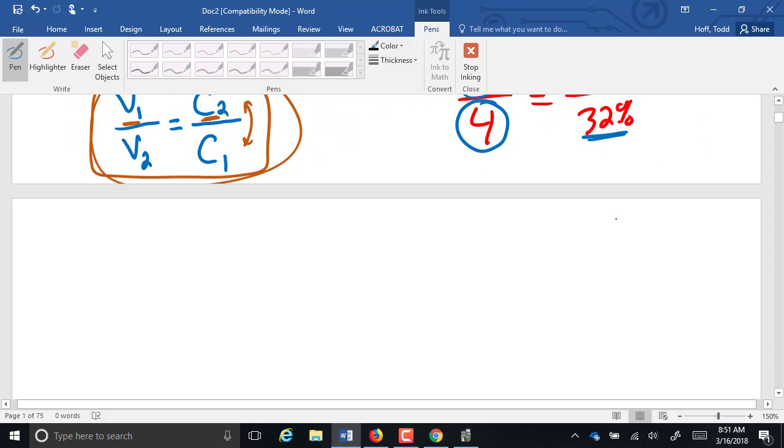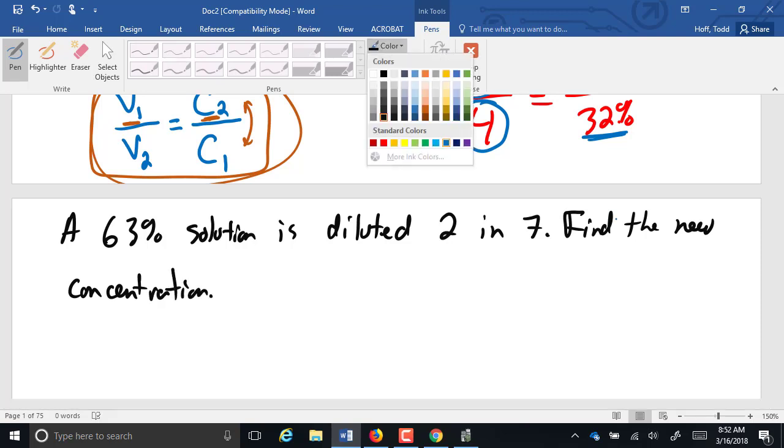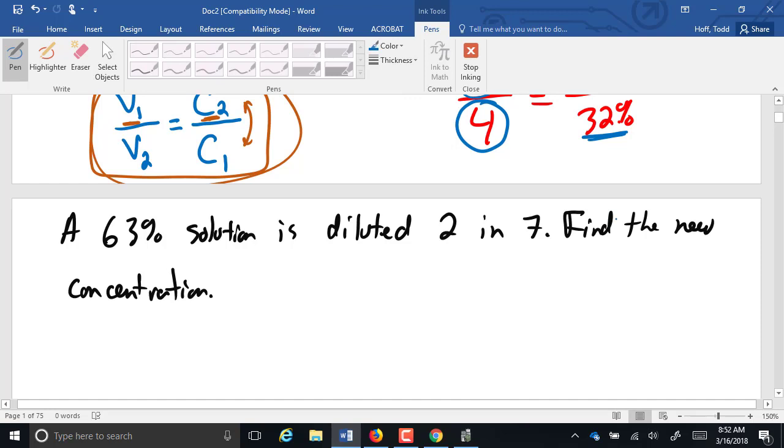So let's look at it this way. A 63% solution is diluted 2 in 7. Find the new concentration. Well, here we don't have the volume of that original 63% solution. We just have the percent.